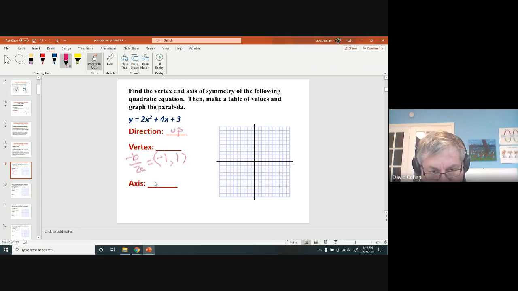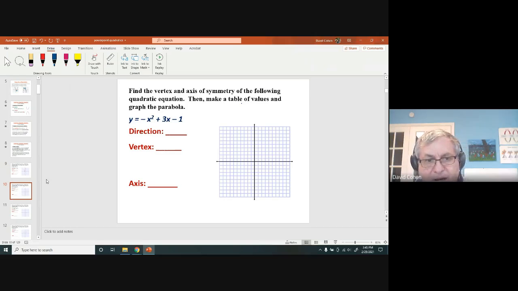The axis of symmetry is x, always x, equals -1. So it'll be something like this. Facing up, it's a little skinnier than normal, and it goes through at 1, 2, 3. Sorry, I cheated a little.